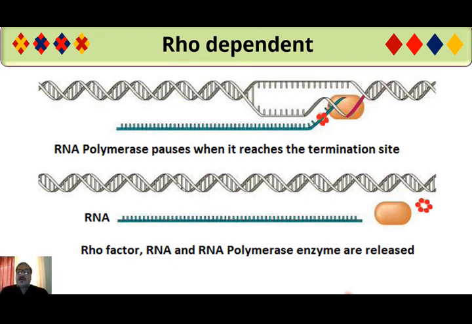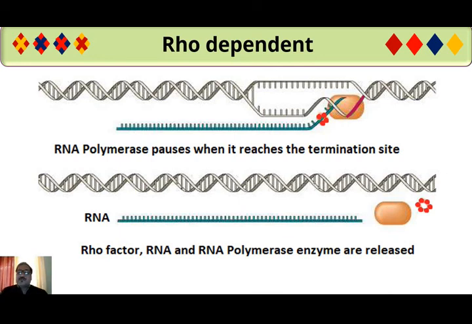You should remember that the rho protein does not bind to those RNAs which are being translated. Rather, it binds to the RNAs after translation, because in bacteria, transcription and translation occur simultaneously, because they are all taking place in the cytoplasm.